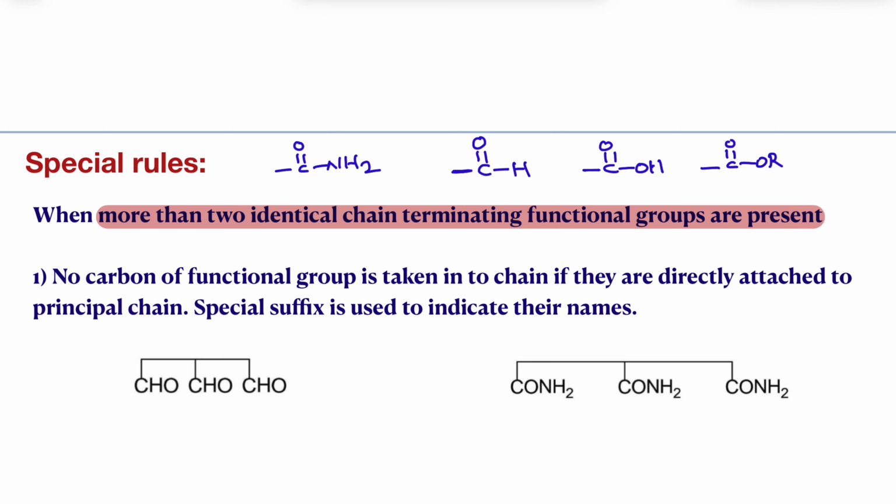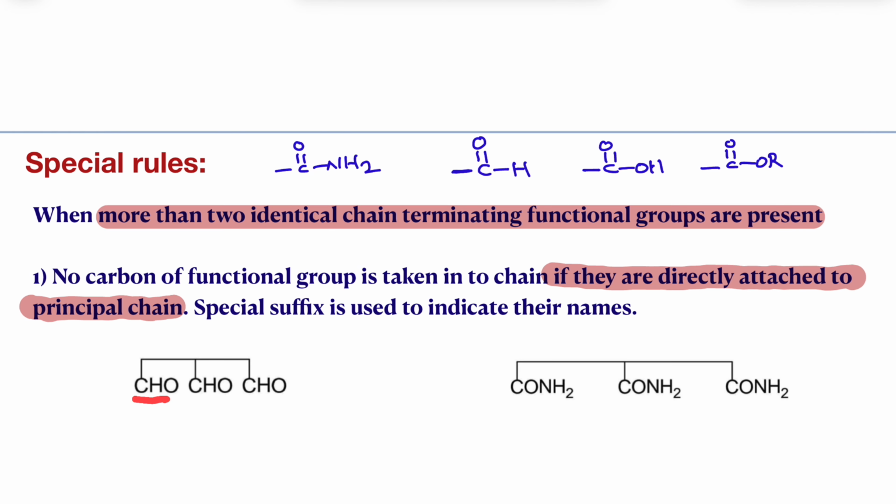For the sake of convenience, we are classifying these special rules into two sub rules. The first one: if more than two identical chain terminating functional groups are present and all of them are directly attached to the principal carbon chain.